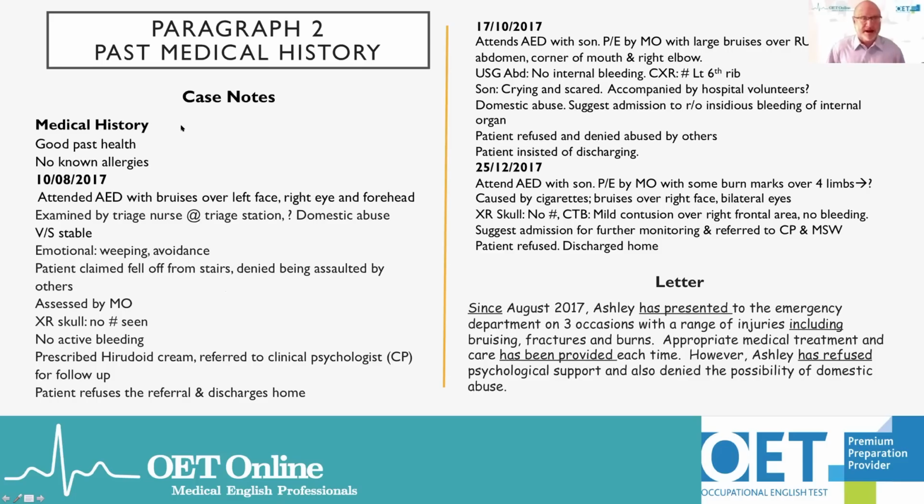Now let's look at our second paragraph, and we're going to write the patient's past medical history here. Now we saw before the patient attended on 3 different dates. So these were the 3 earlier admissions, and we've got to summarize this. We've got to try to condense this down because there's a lot of very important information. But in this case, because we're not writing to a health professional, and because this is previous treatment, we can really use our summarizing skills to condense down this information.